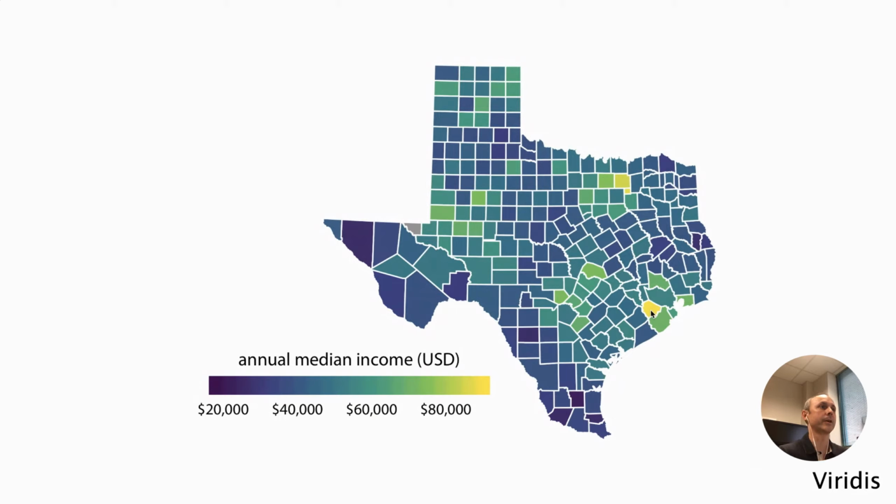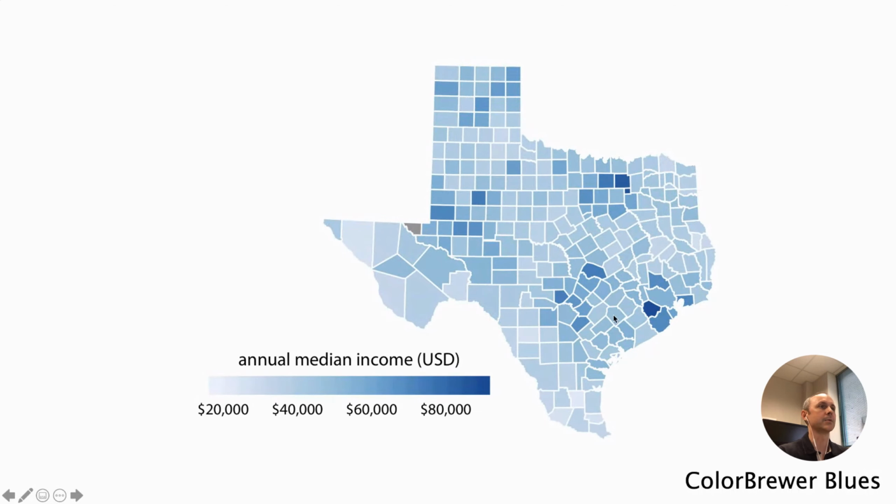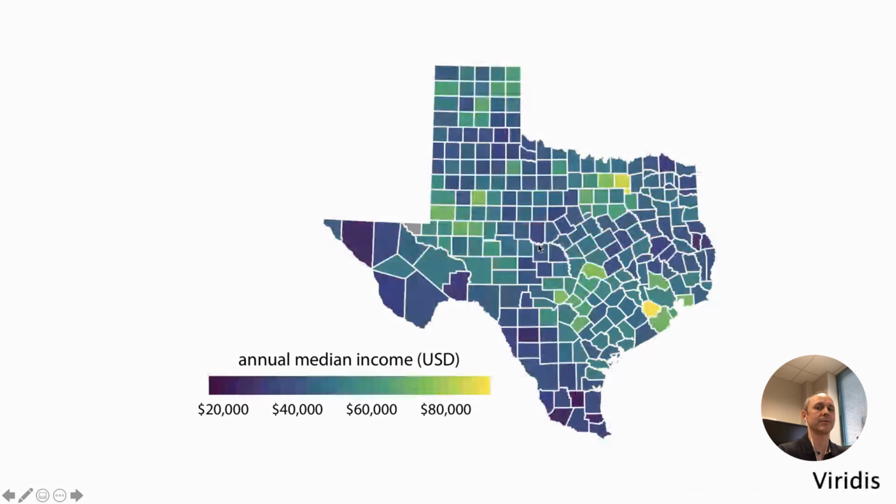And then this is the Viridis. The Viridis does, in my opinion, bring out the gradient from richest to poorest a little better than, say, this one. It doesn't really show the gradient so well. It highlights the richest areas a little more and then shows the rest more uniformly poor. That's how I perceive it.